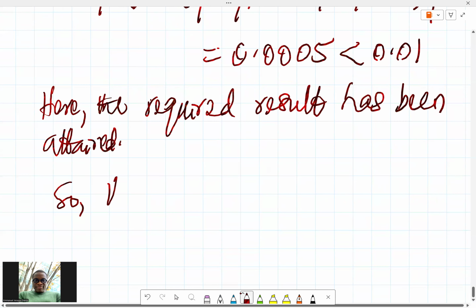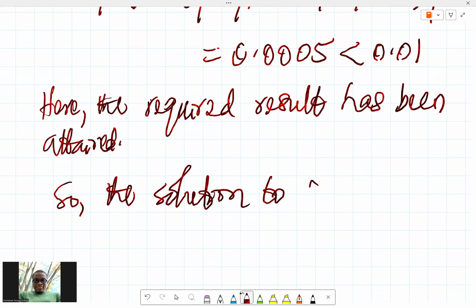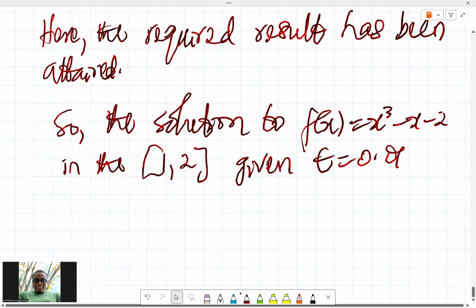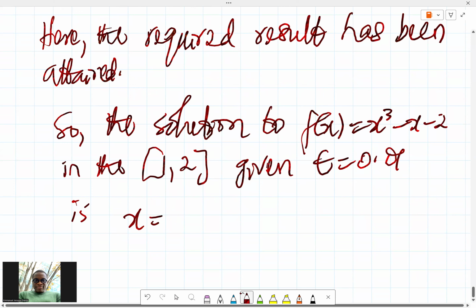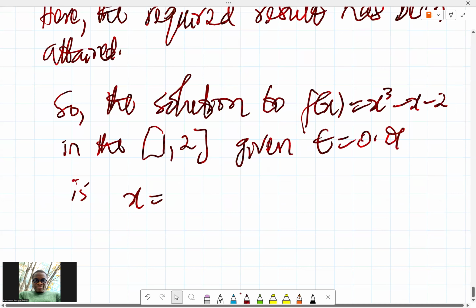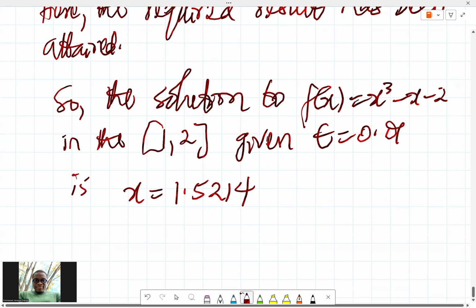So the solution to f of x, which is equal to x cubed minus x minus 2 in the interval 1, 2, given epsilon equals 0.01, is x, the latest x6, the result that gave you this, 1.5214. So in 5 iterations or so, we're able to finally arrive at the result.